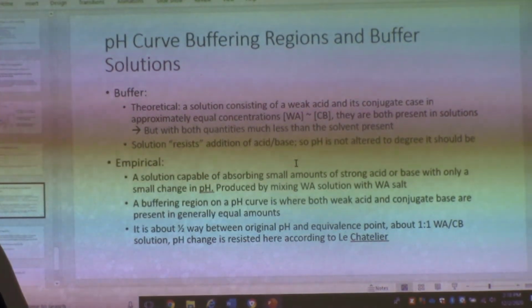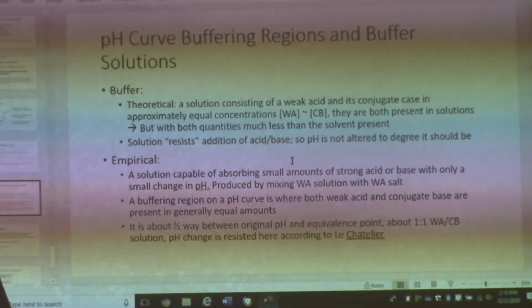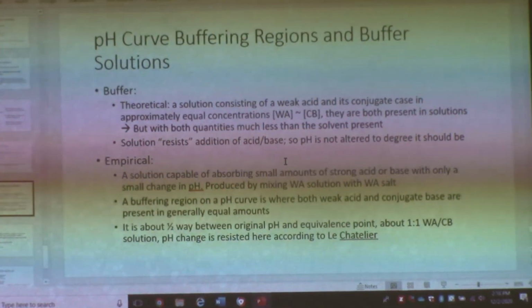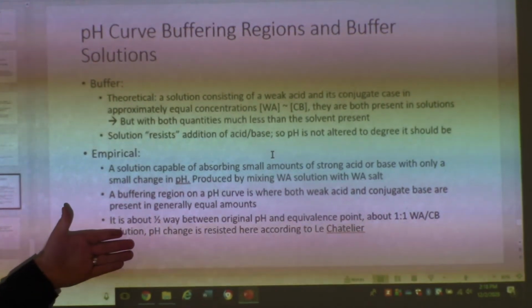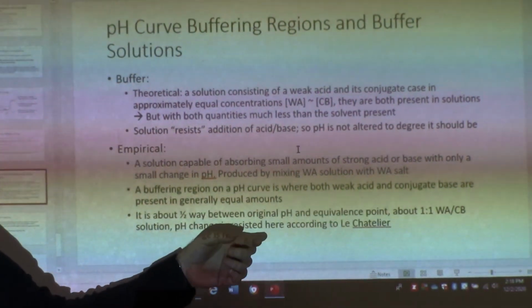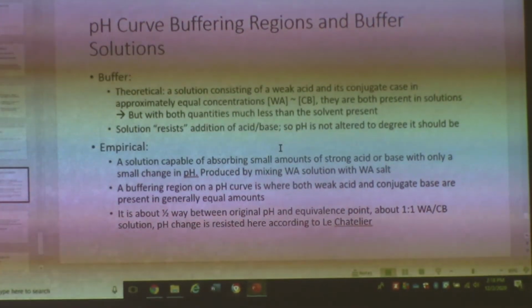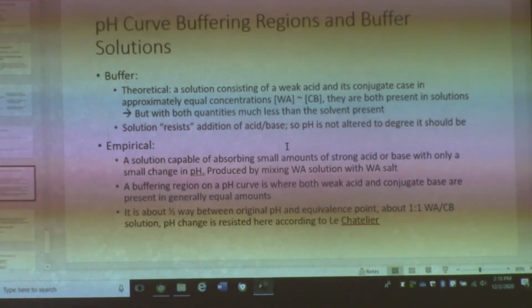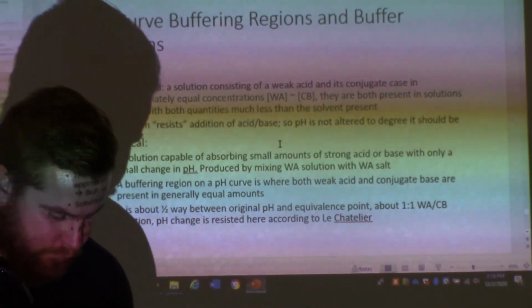The buffer solution resisted the pH change and the NaCl control did not. From an observational perspective, the buffering region is about halfway between the original pH and the equivalence point. So you have about a 1-to-1 weak acid to conjugate base ratio, and the pH change will be resisted here according to Le Chatelier's principle.